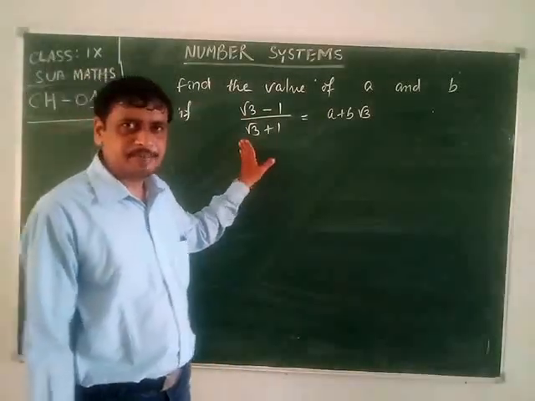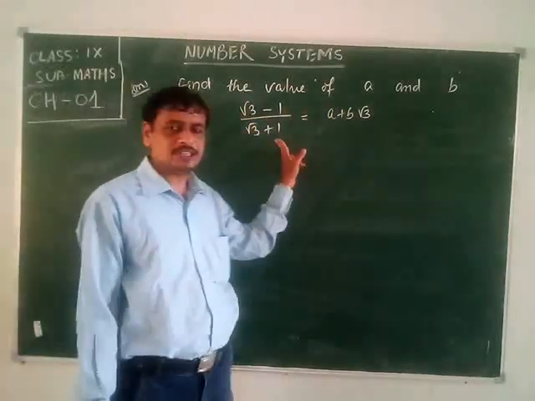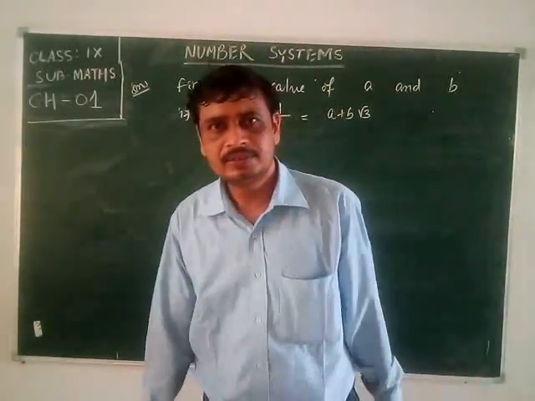Here the relation of A and B is given in the statement: root 3 minus 1 by root 3 plus 1 is equal to A plus B root 3.